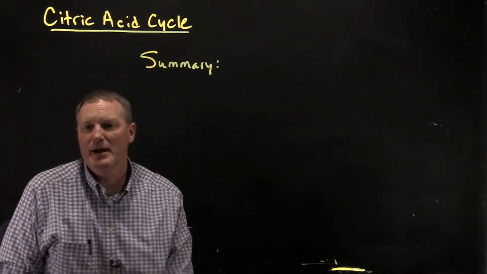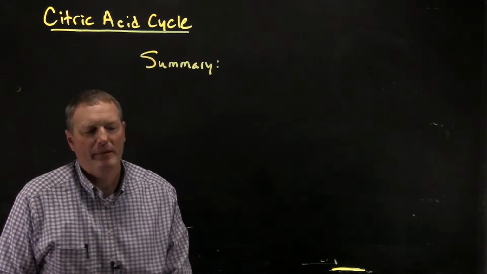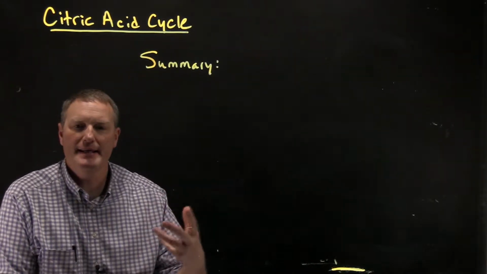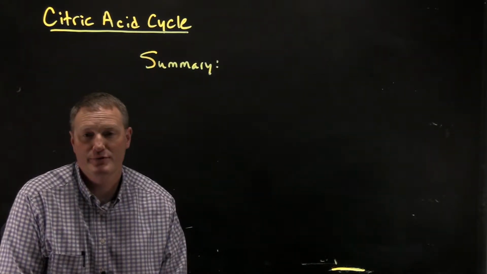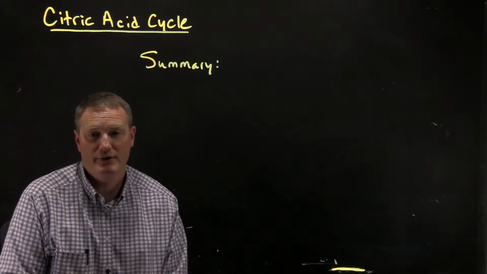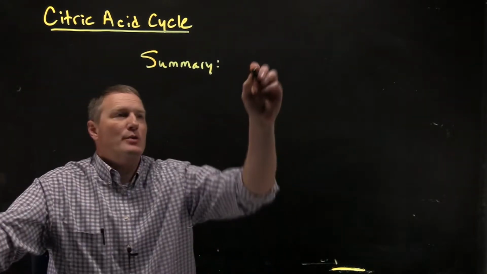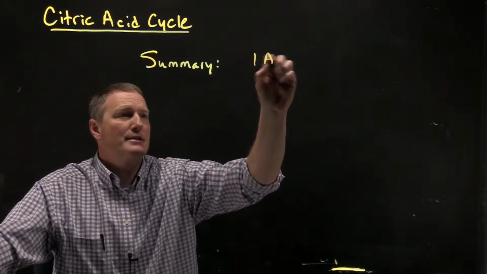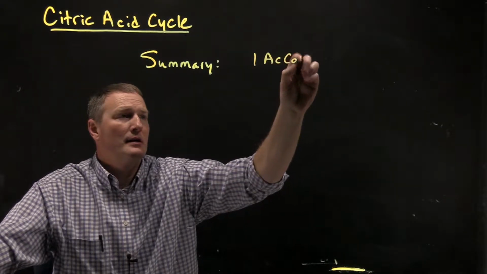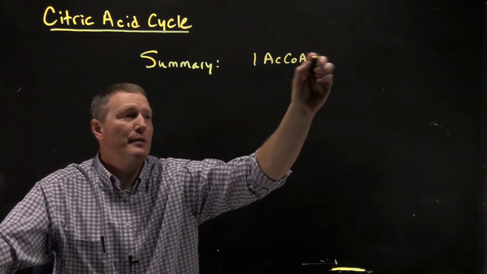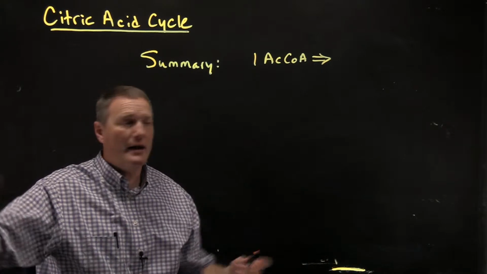All right, so to summarize the citric acid cycle, let's just list out the key products that are produced from one turn of the citric acid cycle. So we have one acetyl-CoA, and what that will then produce will be the following.